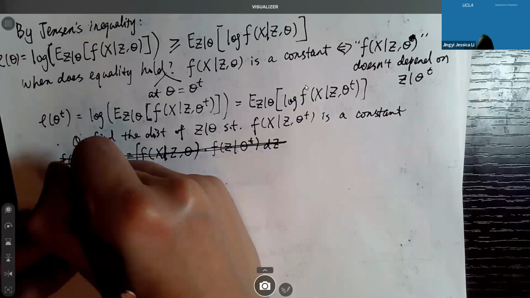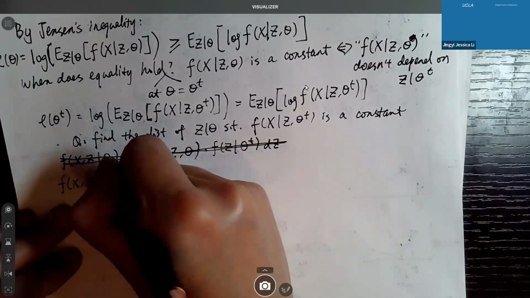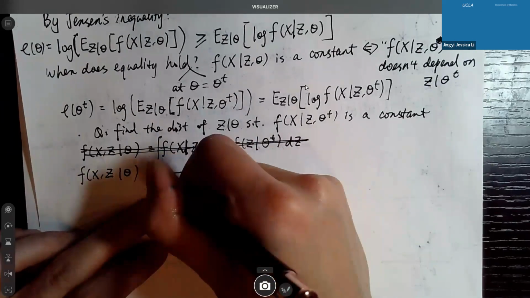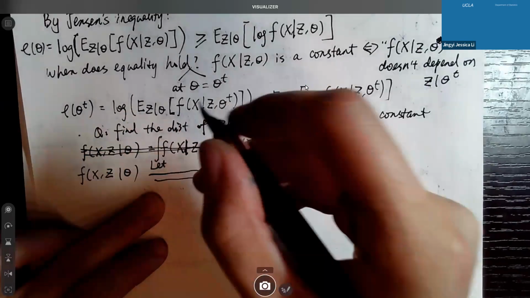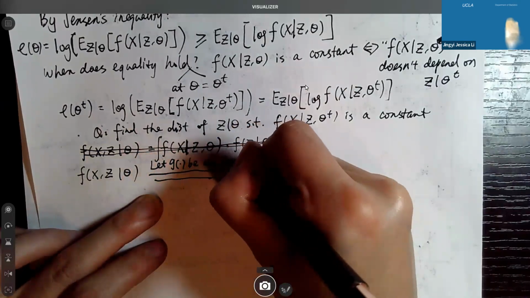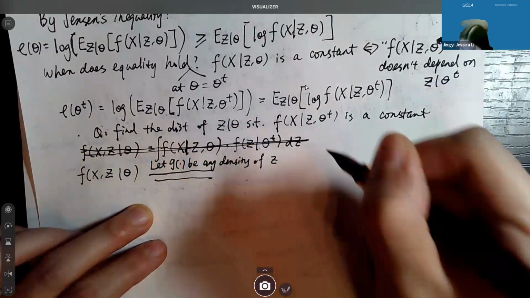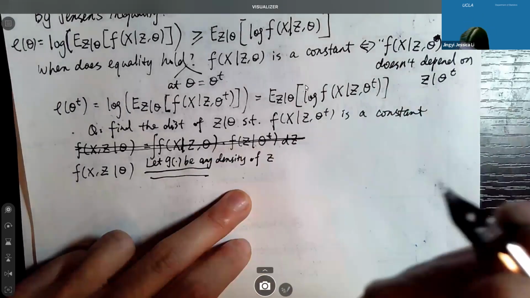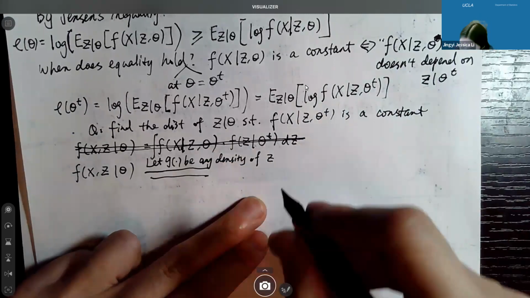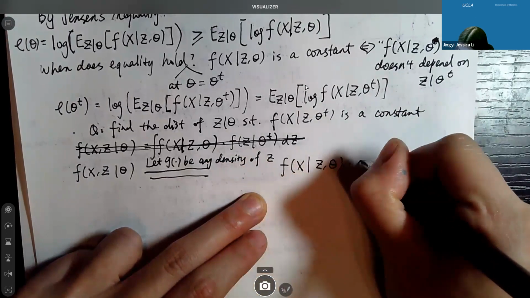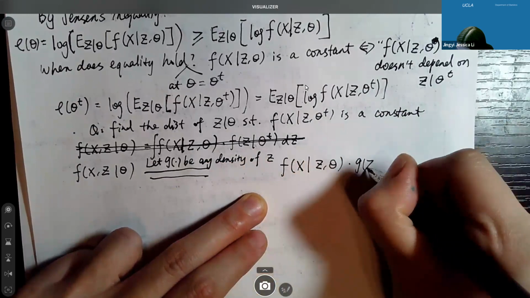Okay, so given this joint density, depending on theta, this is what we're interested in. And what I want to say is that if I let, say, g be any density of Z, here I'm abusing the term a little bit. By density, it includes probability mass function because here the Z is just discrete. But regardless of that, I can always write this as f x given Z and theta times the density of Z alone.